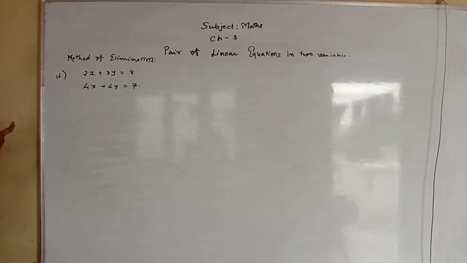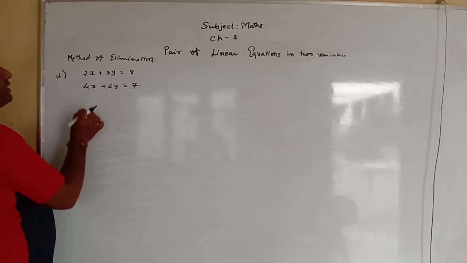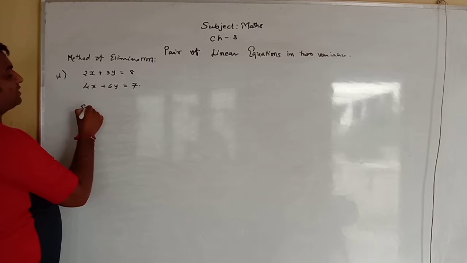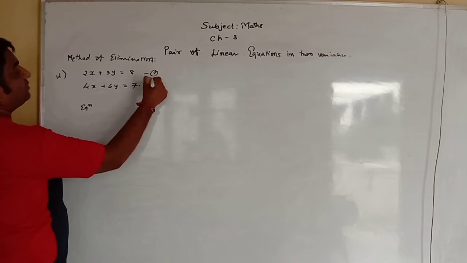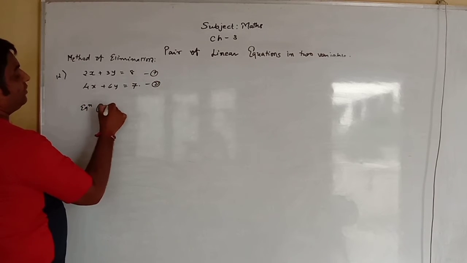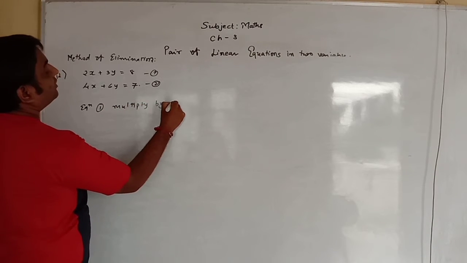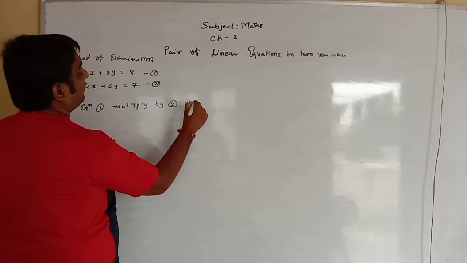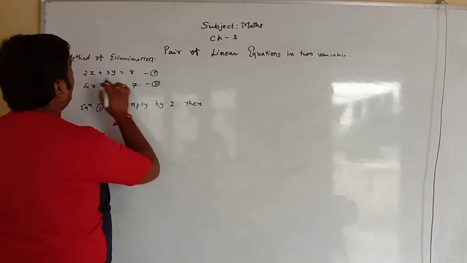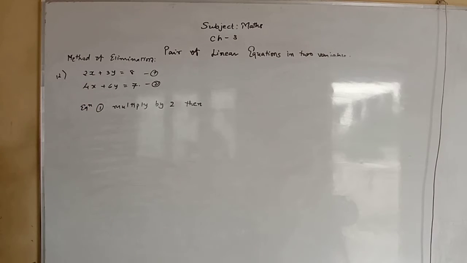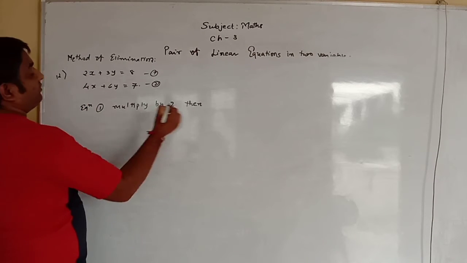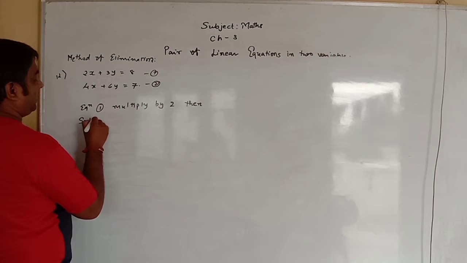Now we will see another example. 2x plus 3y equals 8 and 4x plus 6y equals 7. So we make the x coefficients equal: equation 1 multiplied by 2. Then both have the equal sign, so we have to subtract them.